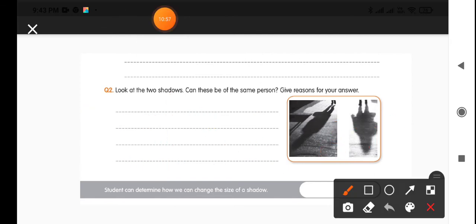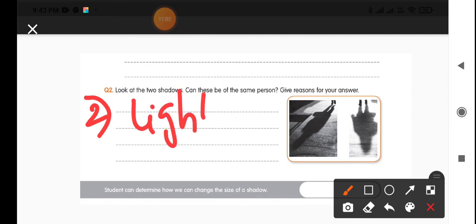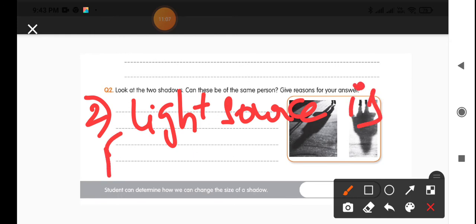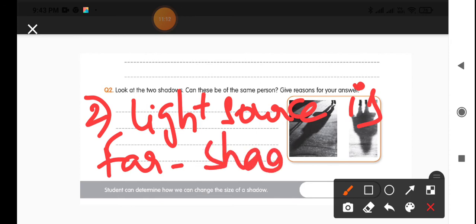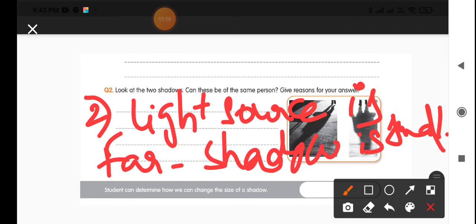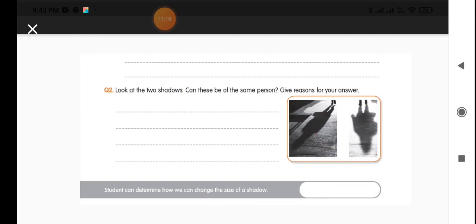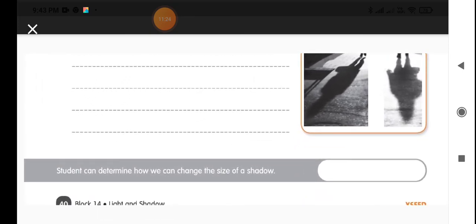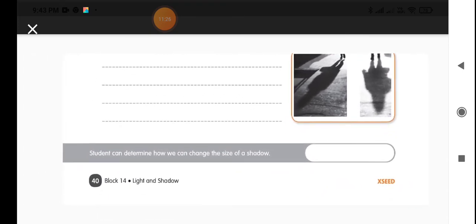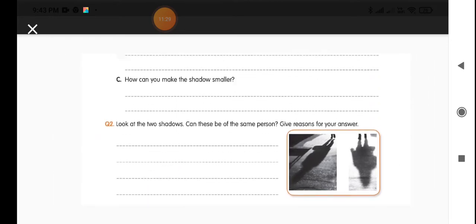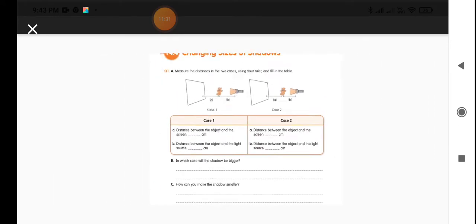In the second shadow, the light source is far from him, so the shadow is smaller. Okay. So any more differences if you find between these two shadows, you can write here. Okay. So this is about page number 40.